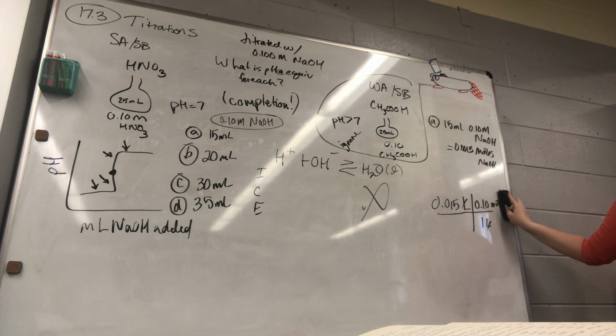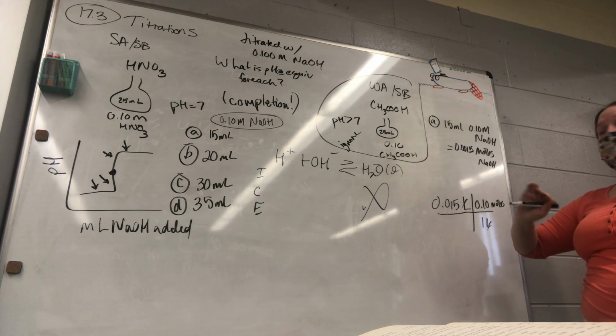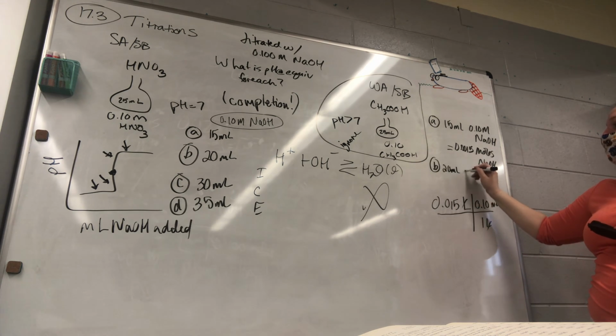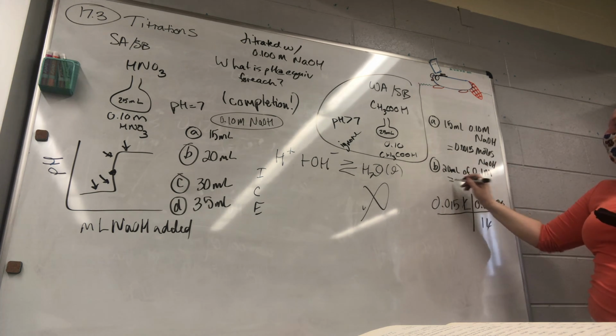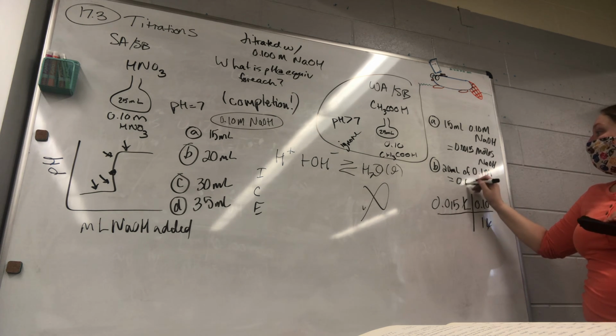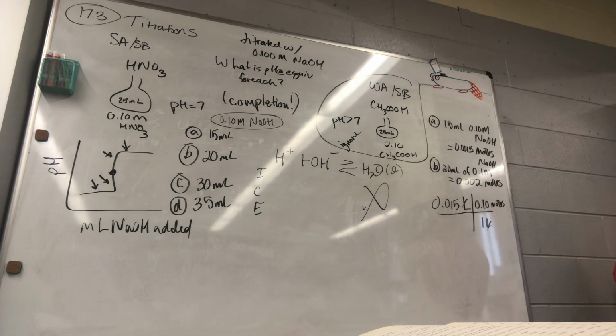I'm going to erase this just so you know. I want you to do the same thing for B, C, and D before we actually do the problem so that you have everything set up. For B, you're doing 20 milliliters of 0.1, which is going to be what? Okay?